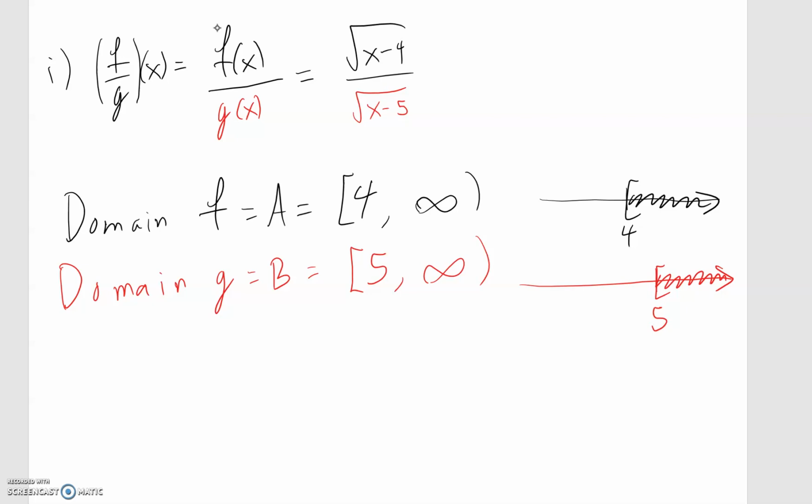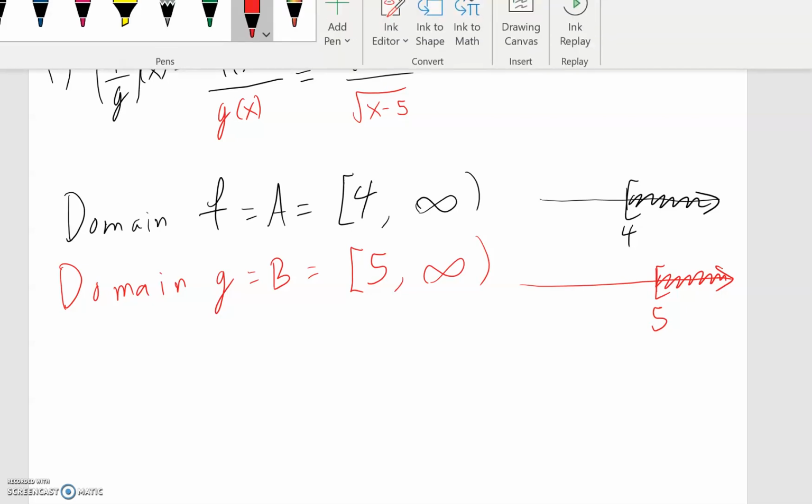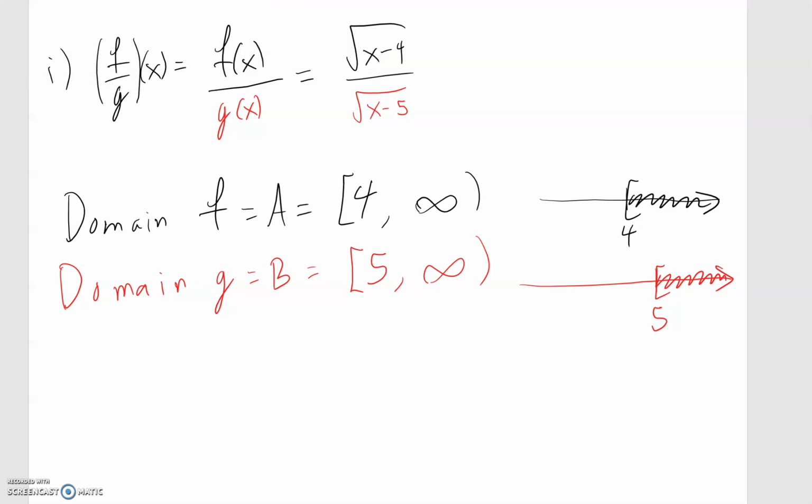These two sets will overlap where we have an overlap on the number line representation. It should be clear to everyone that the overlap between the domain of f and the domain of g is going to be from 5 onwards. So that overlap is going to be from 5 onwards.